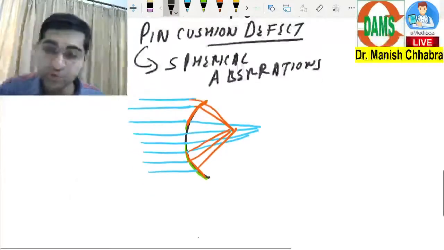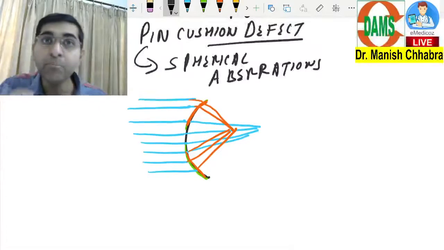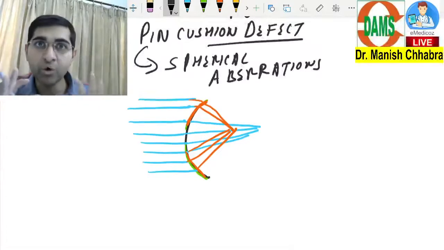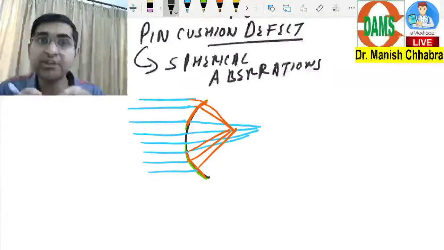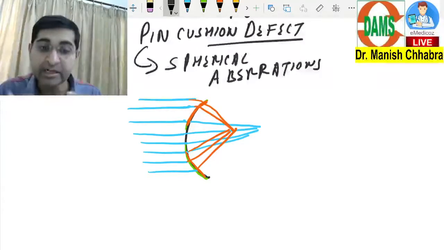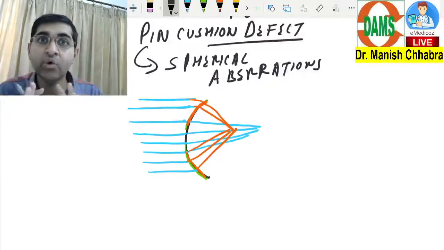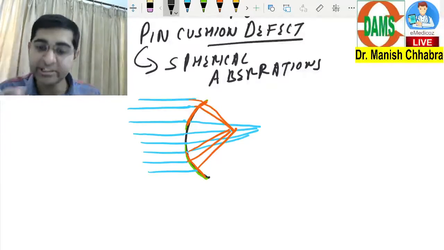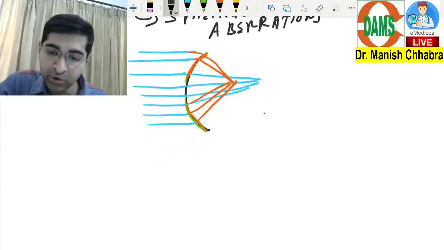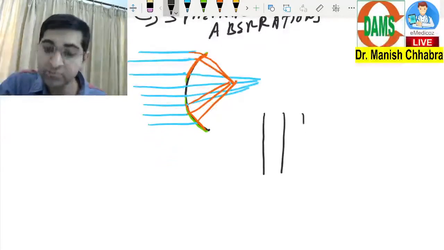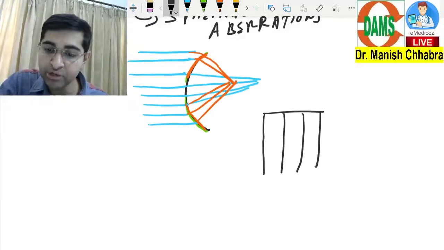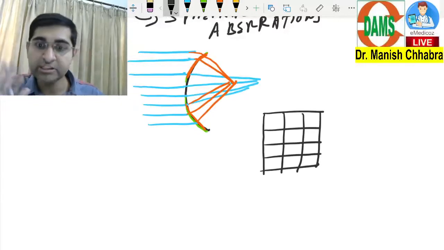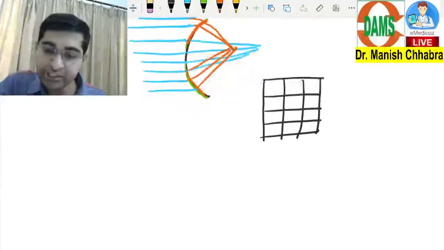What happens in pincushion is that the more peripheral the patient goes while wearing glasses, I am talking of an aphakic patient who is wearing glasses, the more bending of the objects will be seen. How? If this is the object which is shown to the patient, the normal object, and the patient is wearing glasses, how is it going to look to the patient?